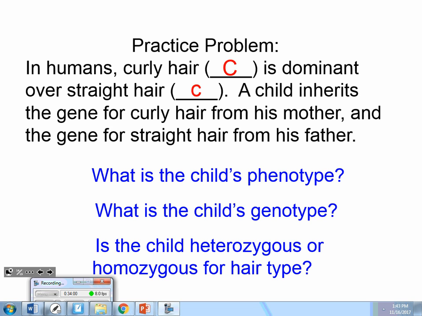What is the child's phenotype with this hair stuff? Curly hair, because phenotype means physical trait. So you're always going to use a physical trait for it. It's curly. How do we know the kid is curly? Because you should know their genotype. What's the kid's genotype for curly hair?